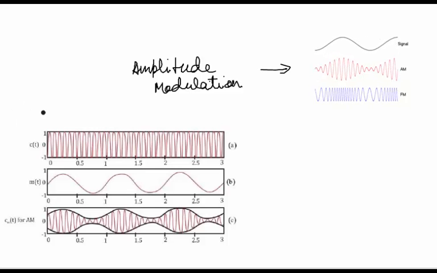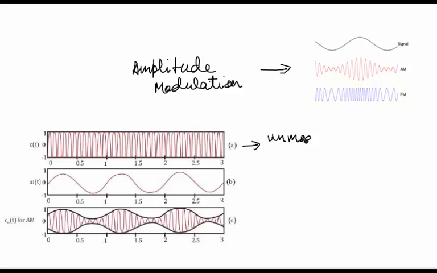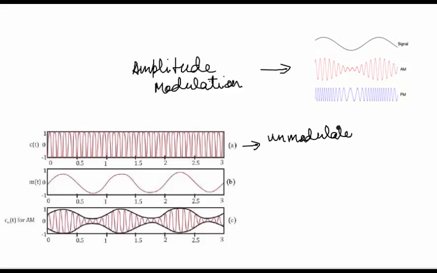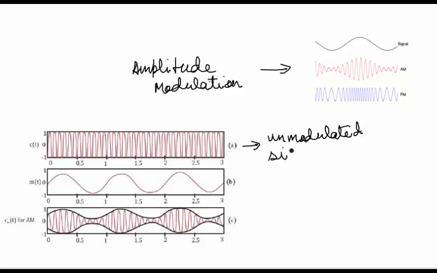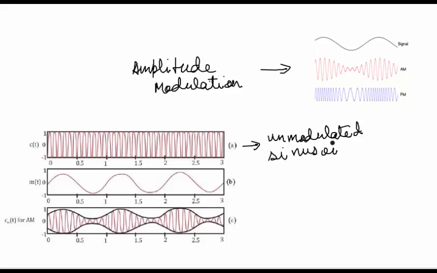This is the diagram that we have to draw. This is a very simple diagram. This is an unmodulated sinusoidal carrier wave, because it's a sine function.